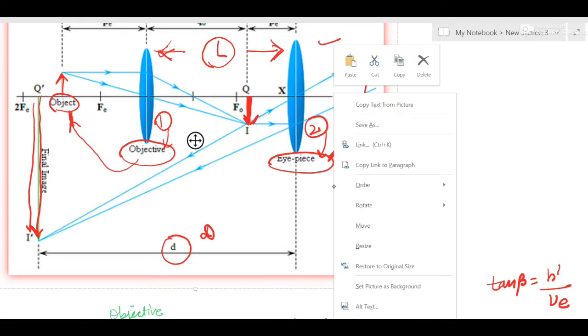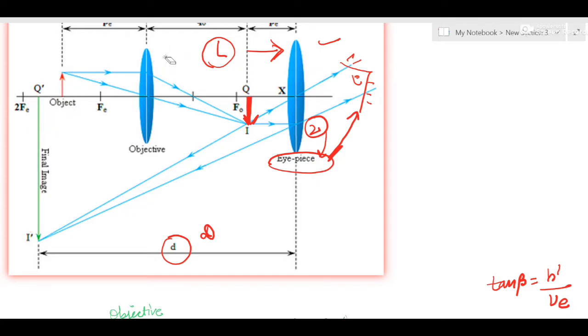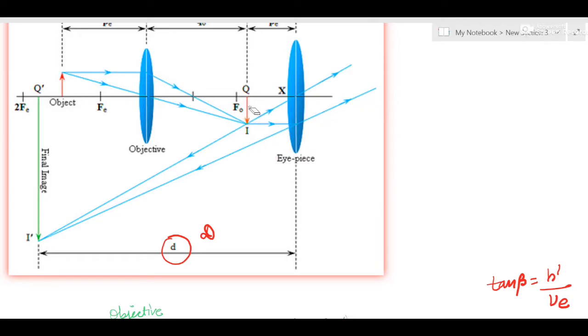At that time you need to cut a height equal to that of the object, and then elongate this, and then it will be alpha. Rather than complicating the diagram here, I would prefer to draw a separate triangle so that I am clear about what alpha is. Again, you have to cut a height equal to that of the object, because this is least distance.